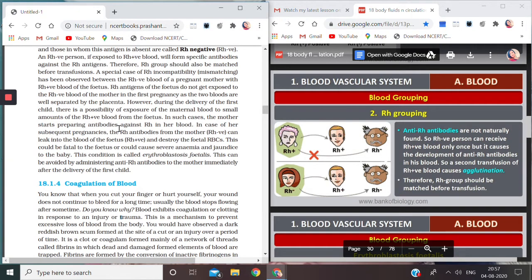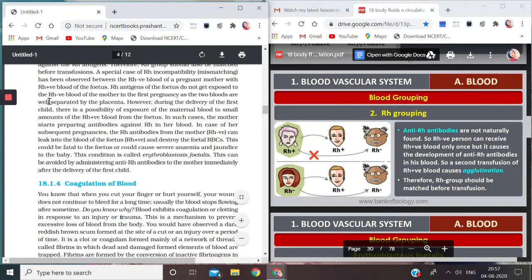So what the doctor should do is, suppose there is a lady, now listen to me very carefully. Suppose there is a lady and it's her first pregnancy, and when she goes to the doctor, the doctor initially asks the couple to go for certain tests, and these may include many other tests. One of the tests is blood group.